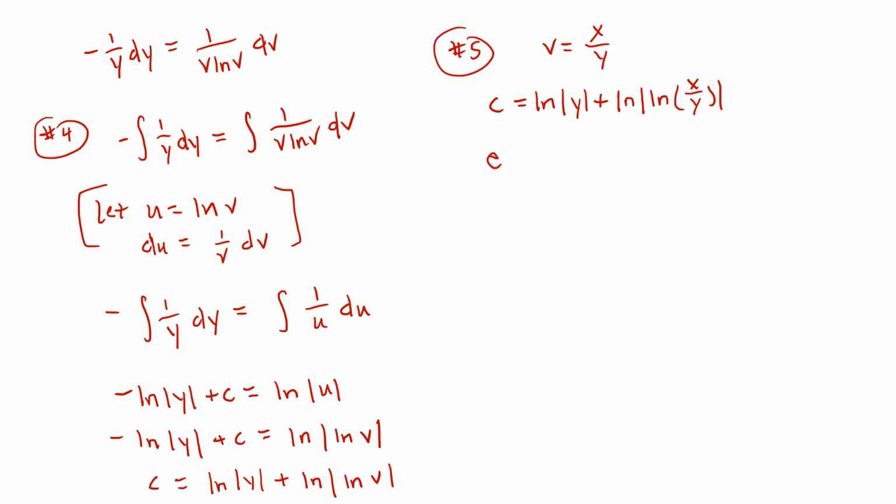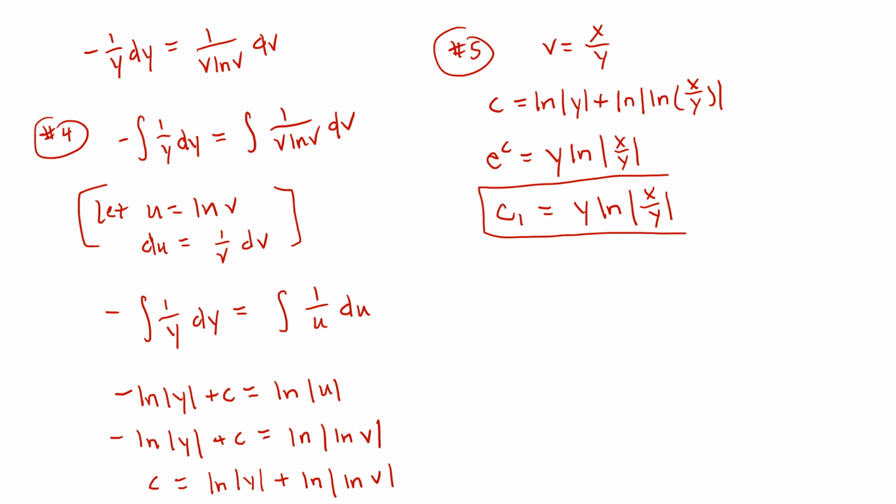So we'll have e to the power c, and then we'll have y times the natural log of x over y. We can simplify e to the power c and just make that one constant. We'll give it c1. And so c1 equals y times the natural log of x over y. All right, so that is our general solution.